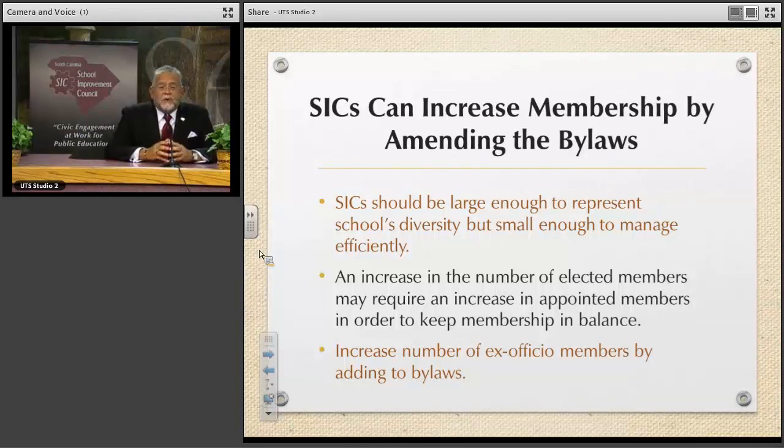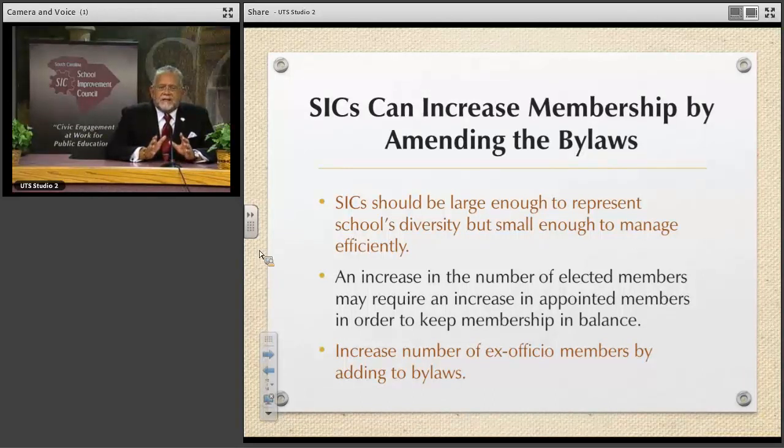On the other hand, you don't want your SIC to get so large that it becomes unmanageable. An SIC with 60 members, for example, and there are some, will find it difficult to get a quorum or hear from all of its members at its meetings. It's also important to keep in mind that when you increase the number of elected members on your council, you will likely have to increase the number of appointed members in order to maintain a balance of half as many appointed members to elected members.